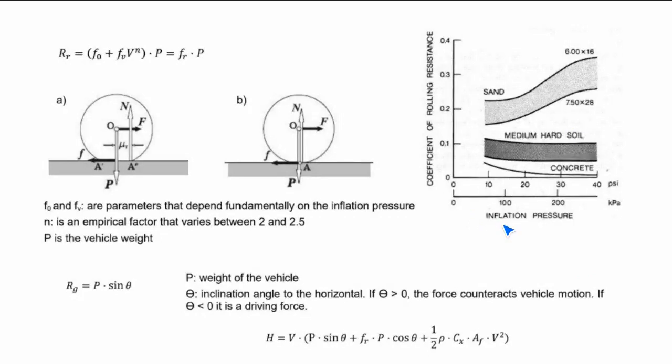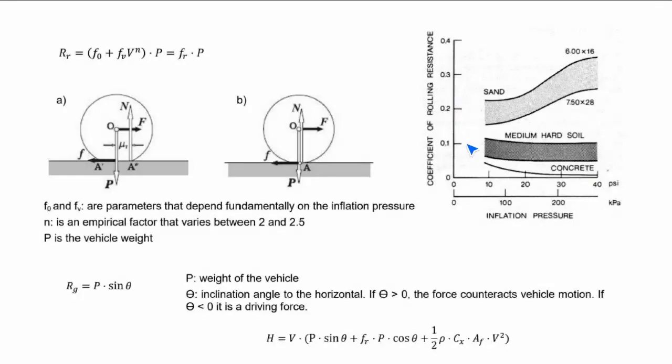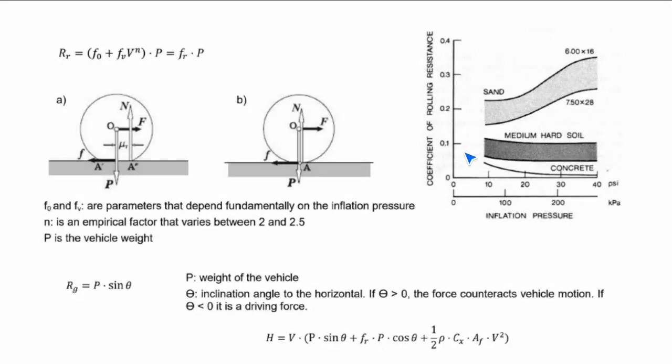This figure shows us the variation of the rolling resistance coefficient on different surfaces. It is different for sand, for medium hard soil, and for concrete. Okay, we will select from this table. On the web, lots of websites will present you this coefficient actually. However, you can select using this diagram.